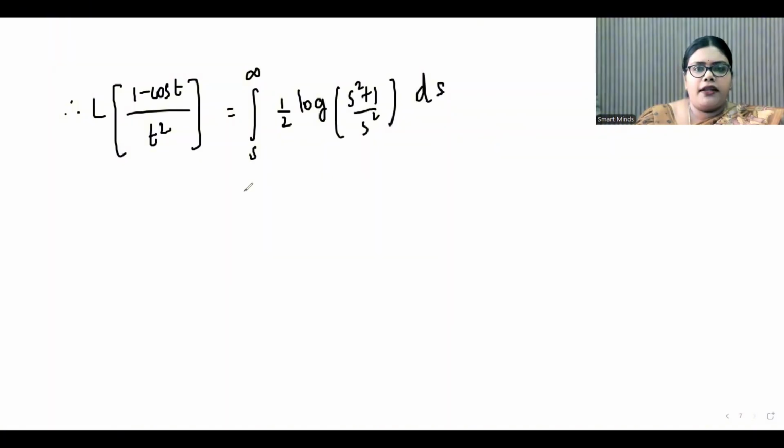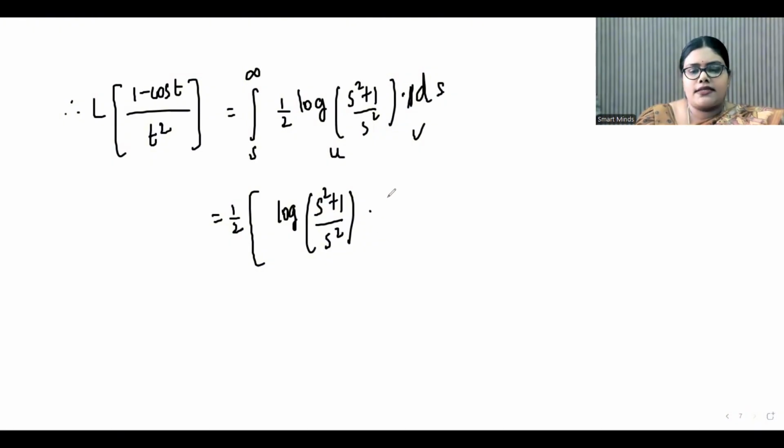Now here, if I take this 1 by 2 outside, we don't have any direct formula for log. So I will write into 1 and this I will apply UV rule. This is U, this is V. So if you apply UV rule, what will you get? U as it is.